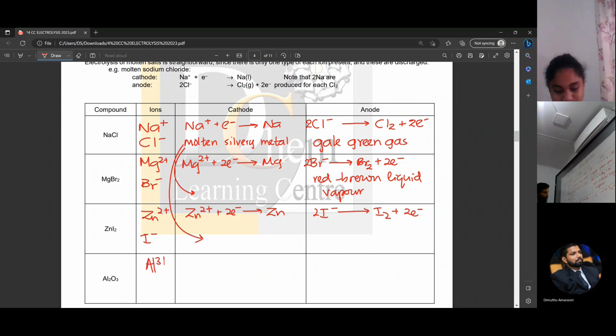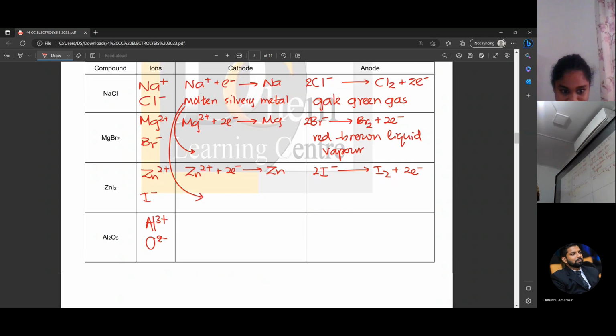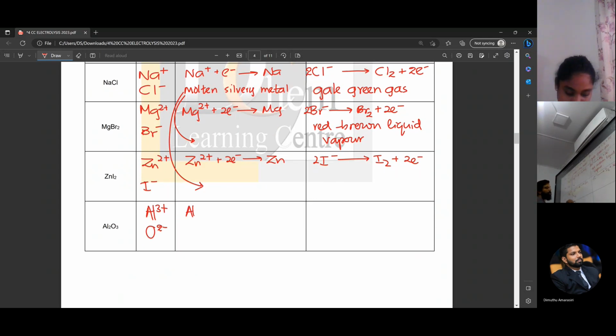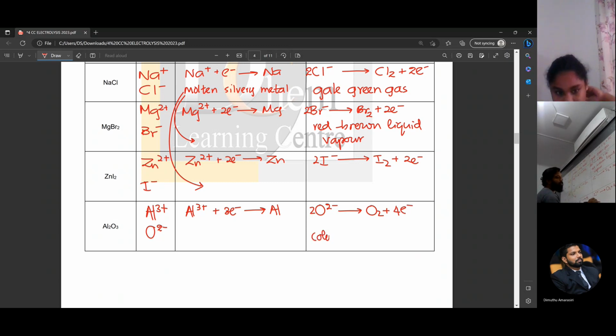So you have aluminium 3 plus and O2 minus. At the cathode, you get Al3 plus plus 3 electrons giving aluminium. At the anode, O2 minus gives you O2 and 4 electrons. So colorless gas bubbles. Colorless gas bubbles.